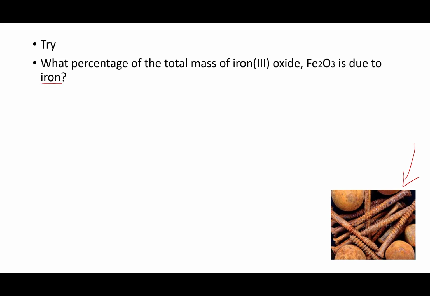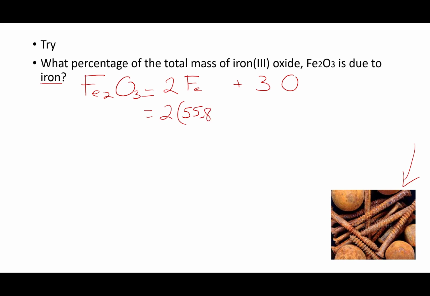Again, we're going to take this Fe2O3, so that's going to be 2 iron atoms plus 3 oxygen atoms. When I look on the periodic table, atomic mass of iron, I read that to 55.85. 3 oxygen atoms rounded off to 2 digits is 16.